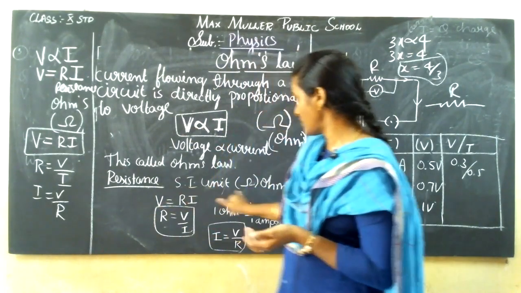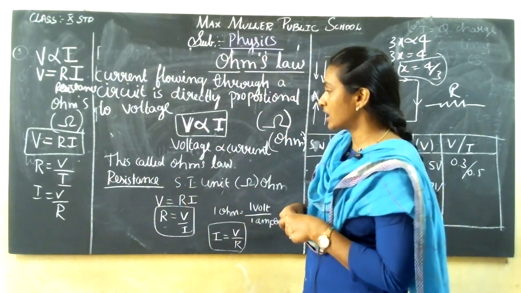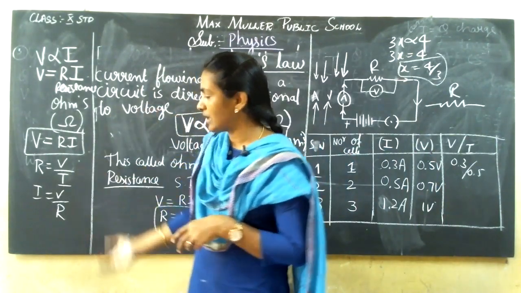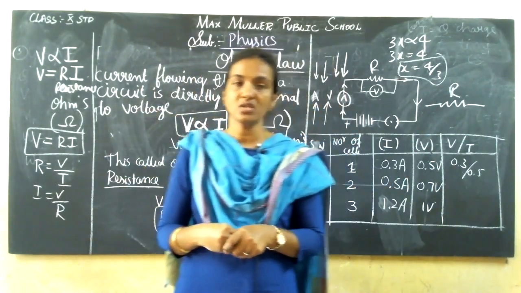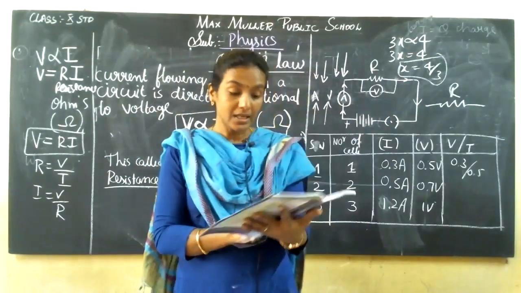This is the sign you can write here, that is OHM, or else you can put the symbol. According to the given values, you can interchange this formula and find R, V and the remaining things asked in the question. Clear, guys? I hope it is clear.